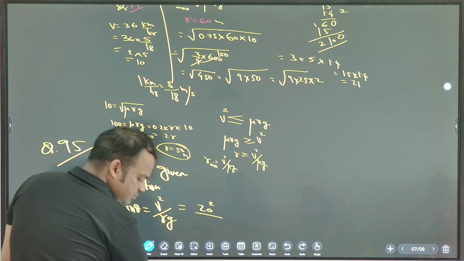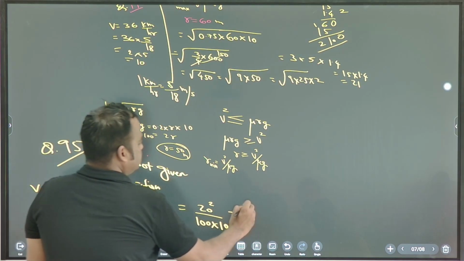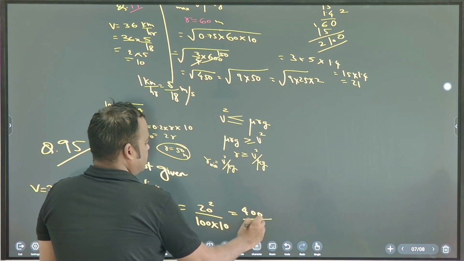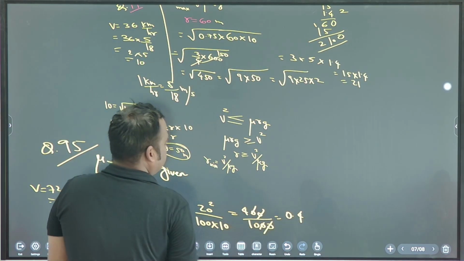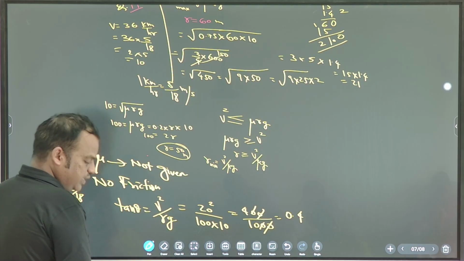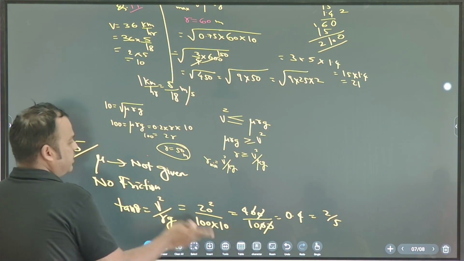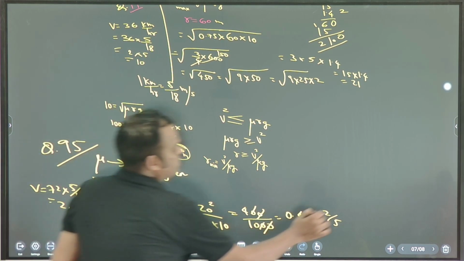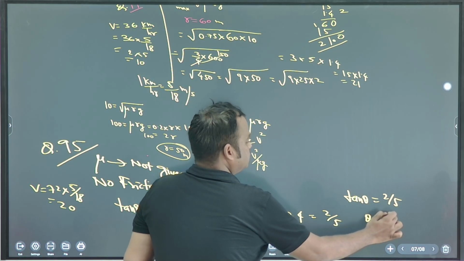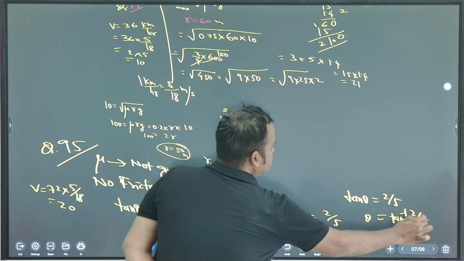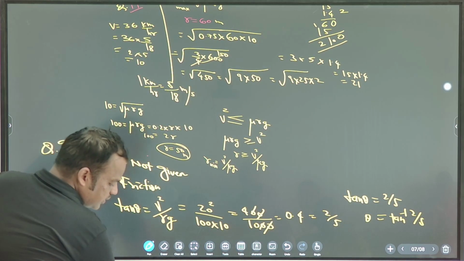Radius given 100 meter, g value 10. So 400 by 1000, so 0.4, or 2 by 5. So tan theta is 2 by 5. So what is theta? Tan inverse 2 by 5. Okay, clear? Understood?